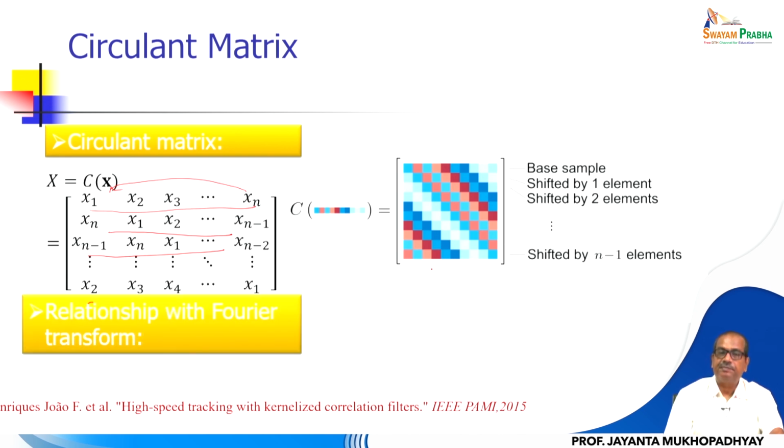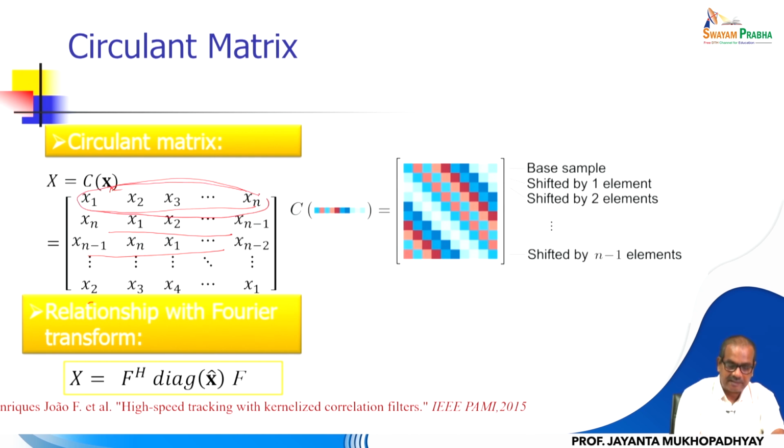The relationship for the circulant matrix in the Fourier transform space is interesting. This is x. If I take the Fourier transform and diagonalize this matrix, then the inverse Fourier transform will give me the circulant matrix.